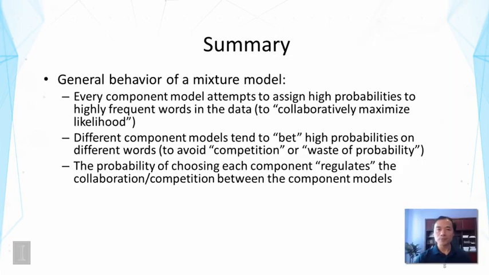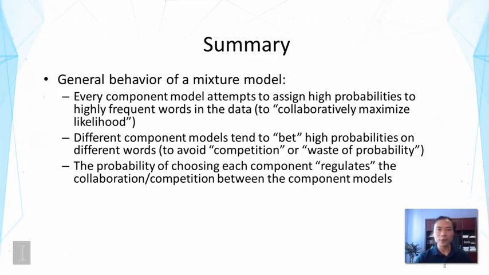So to summarize, we have just discussed the mixture model and the estimation problem of the mixture model, and in particular we discussed some general behavior of the estimate, which means we can expect our estimator to capture these intuitions.